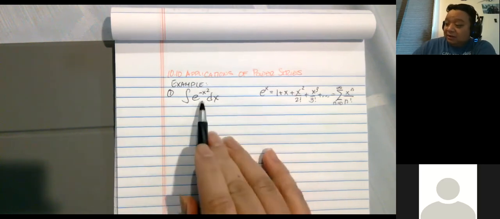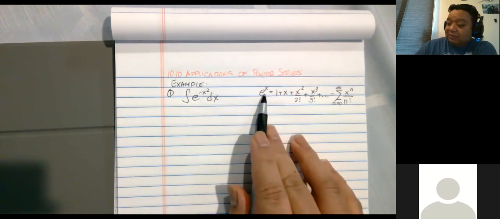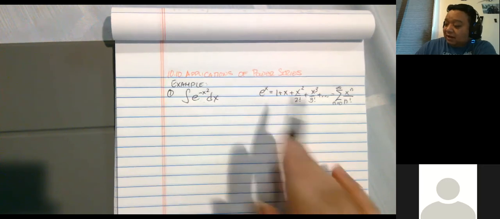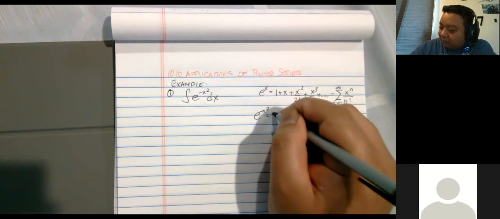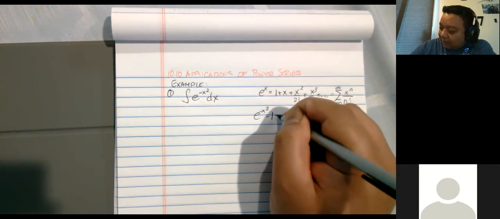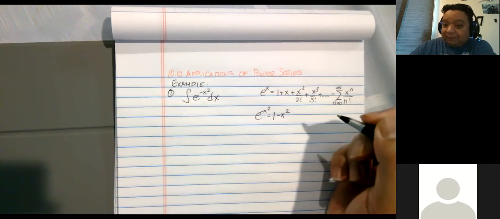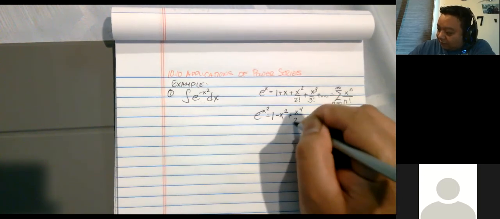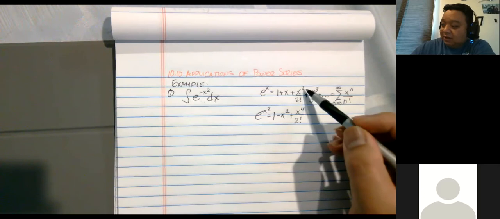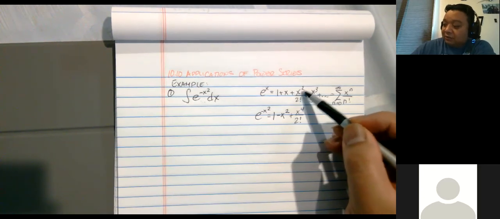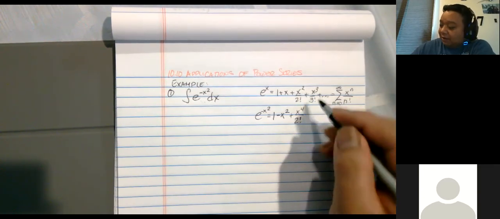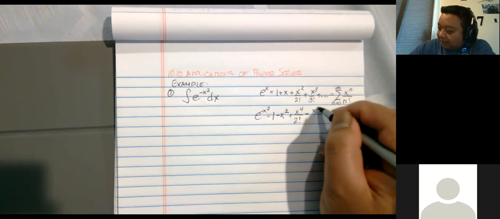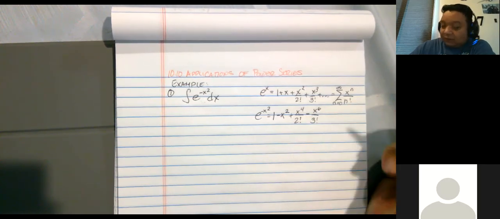So now for e to the negative x squared, I'm just replacing x with negative x squared. So e to the negative x squared would be 1 minus x squared plus x to the fourth over 2 factorial, right? Because when you plug in x squared here, squared squared would be to the fourth power. This would be a minus x to the 6 over 3 factorial.